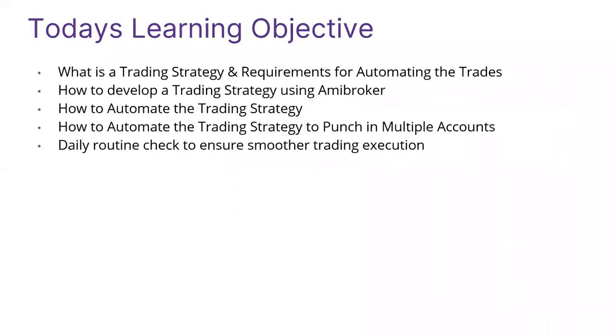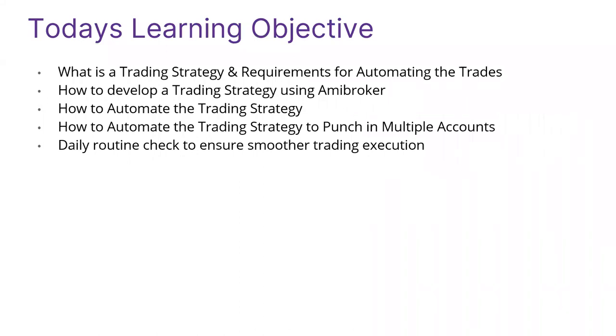Coming back to the topic, in today's learning the objectives are very simple. We're going to learn what a trading strategy is all about. We're going to create a very simple trading strategy called the Double Donchian channel based trading system.